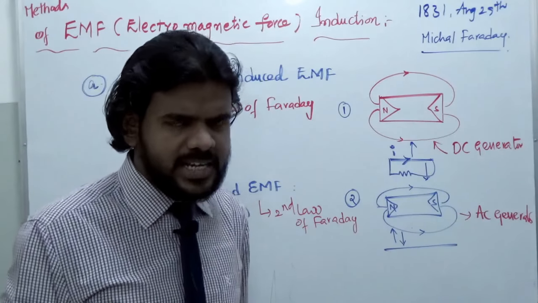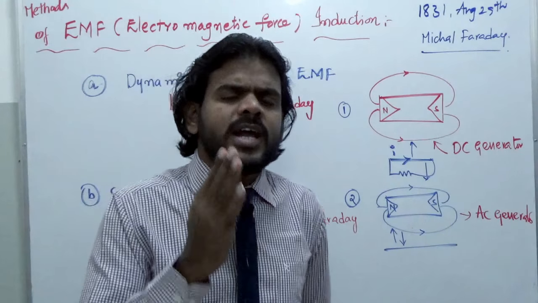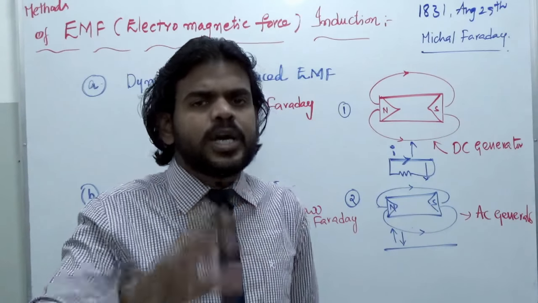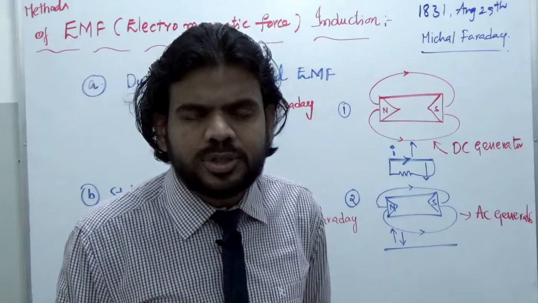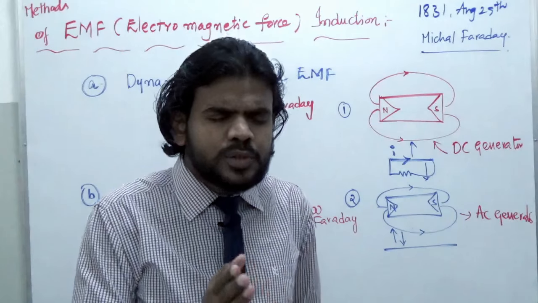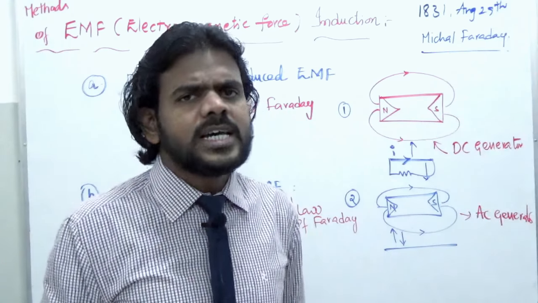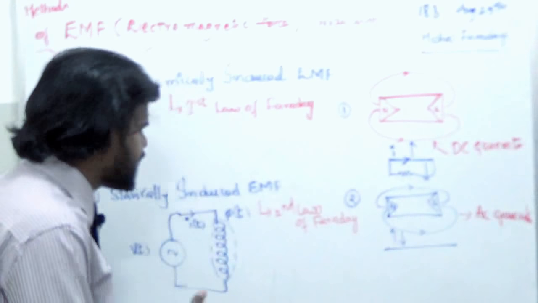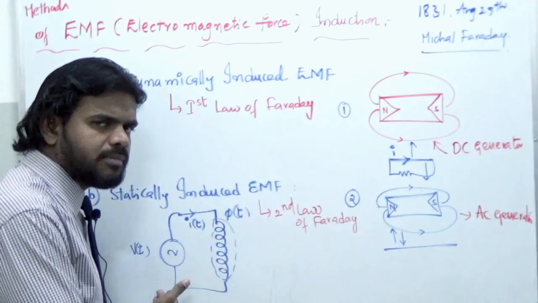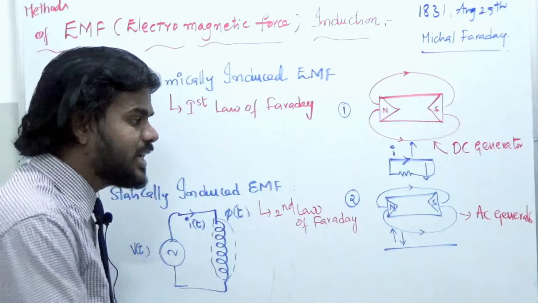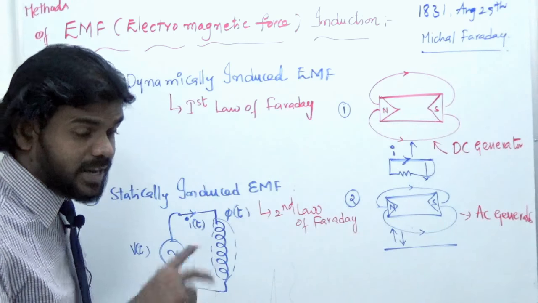The second law of Faraday is saying that the rate of change of flux linked with the conductor is directly proportional to the EMF. Now I have taken a coil and given some AC supply, voltage, and then it is giving AC current, which is producing AC flux, alternating.